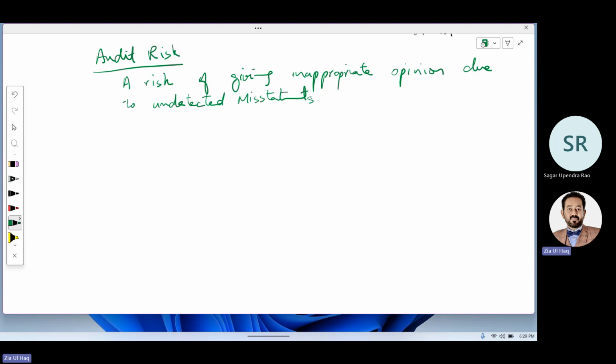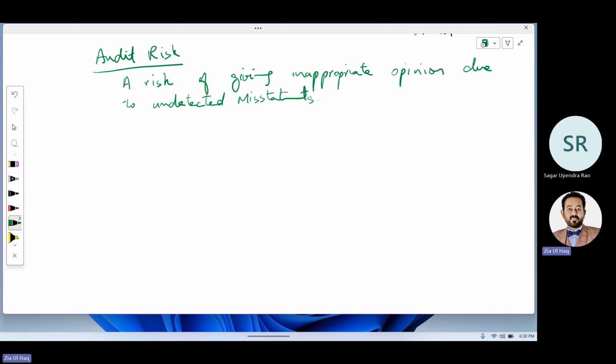If audit risk is high, we should move towards substantive approach and go with a more experienced audit team. If audit risk is low, we can adopt a system-based approach and even go with a less experienced audit team. What is audit risk? A risk of giving wrong opinion due to undetected mistakes. We should identify and assess audit risk at the planning stage.